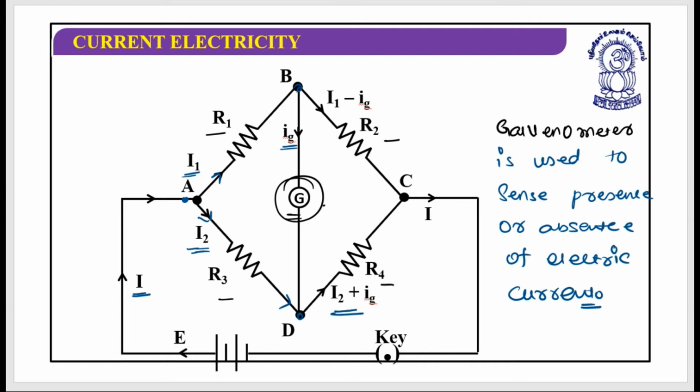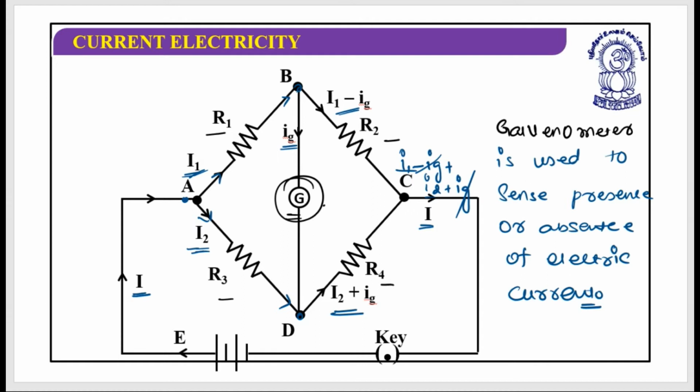From point B, I1 is flowing, and within that IG is the outgoing current, so the remaining current passing through R2 equals I1 minus IG. At point C, we get I1 minus IG plus I2 plus IG. The plus IG and minus IG cancel, and the remaining term is I1 plus I2, which equals I, and it comes back. Is it clear?